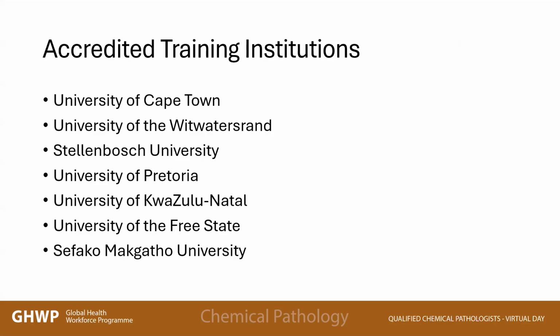These are all the accredited training institutions. The 7 universities have training programs for chemical pathology, and a prospective applicant, depending on the city that they want to work in, would approach that particular department in that university, approach the head of department, and then start the process of discussing maybe a fully fledged registrar training stint, which obviously will cover 4 years, or any other short-term funded training opportunity.